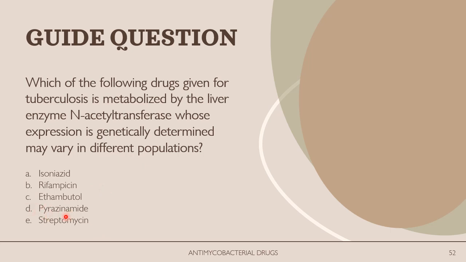Pyrazinamide, it's the most hepatotoxic among your first-line drugs against tuberculosis. And lastly, your streptomycin is an aminoglycoside. Okay, so it can cause nephrotoxicity when given with other nephrotoxic agents. Very good. It can also cause neuromuscular blockage, vestibulotoxicity, and auditory toxicity.